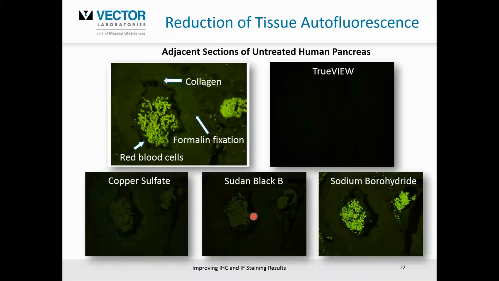Ink-based reagents aren't particularly effective against some of these other tissue elements. And this dreadful sodium borohydride, it bubbles, it's horrible, it's got a short half-life and does absolutely nothing to quench red blood cell autofluorescence. What we've done is develop a product called TrueView.